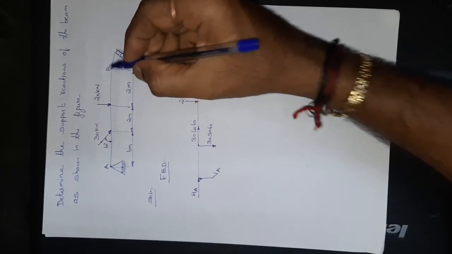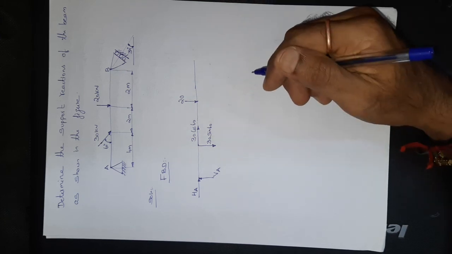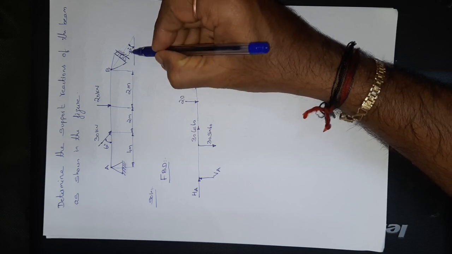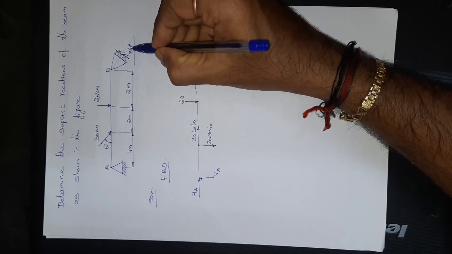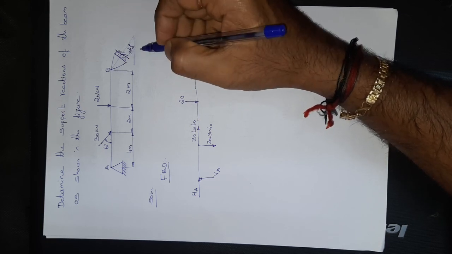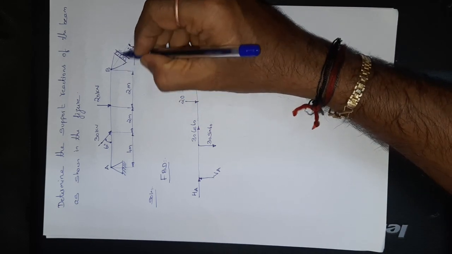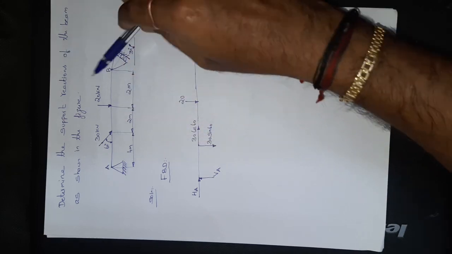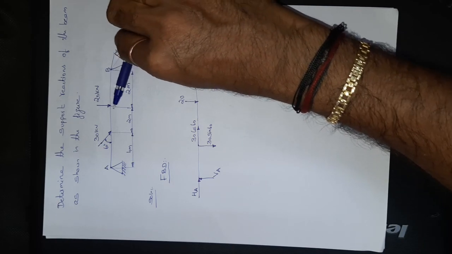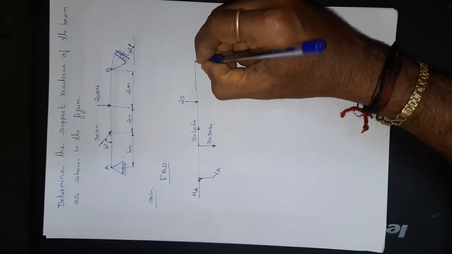And at the end, the support is the rocker support or the roller support, which will have only one reaction. Since it is inclined at an angle of 30 degrees with the horizontal, this needs to be converted into the vertical component and the horizontal component, isn't it? Since it is acting in this way, its nearest horizontal should be this way and its nearest vertical could be this way.